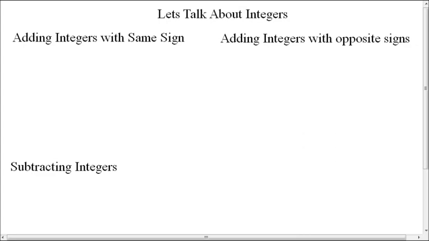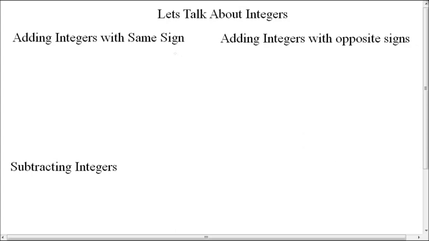So we want to make sure, just briefly, that we understand how these integers work. So first, let's look at adding integers with same signs. Well, of course, there are only two signs, and that's a positive and, of course, a negative.